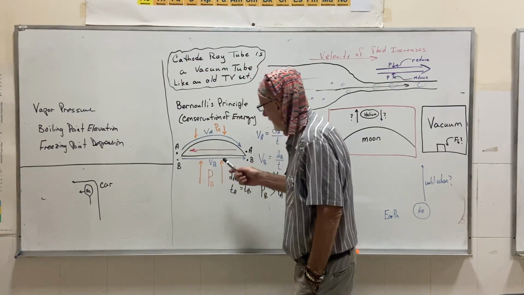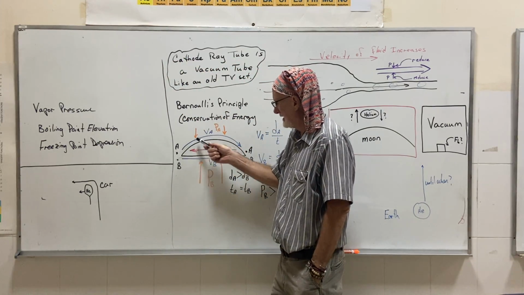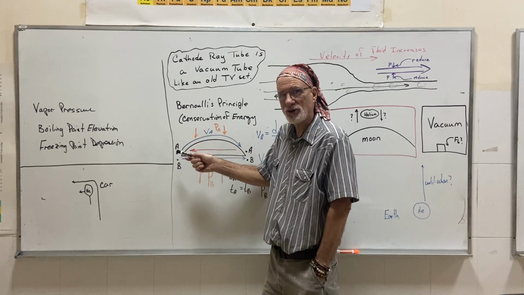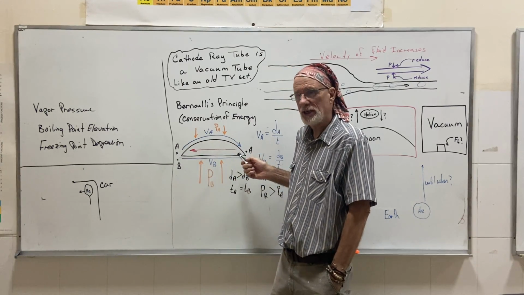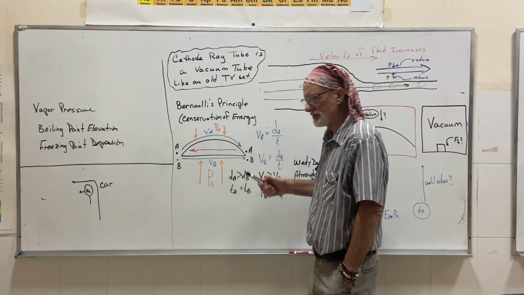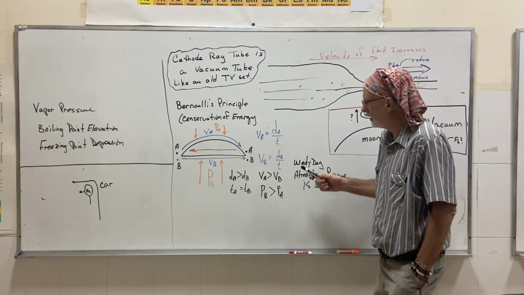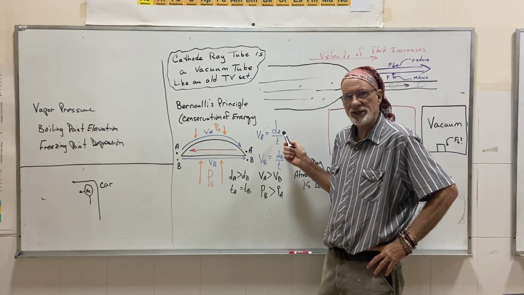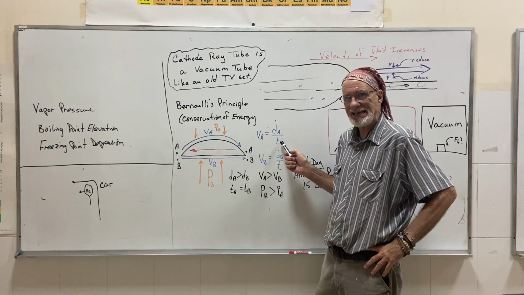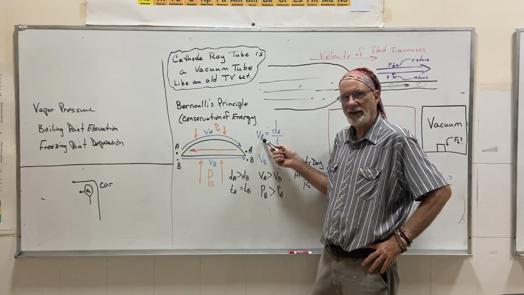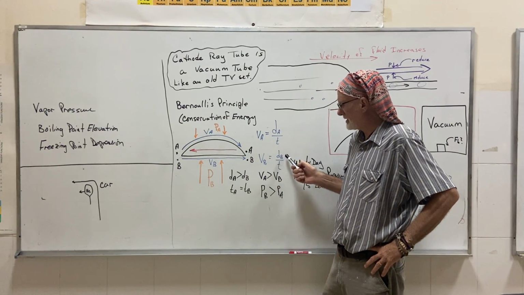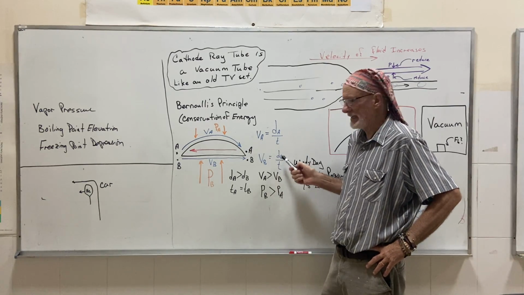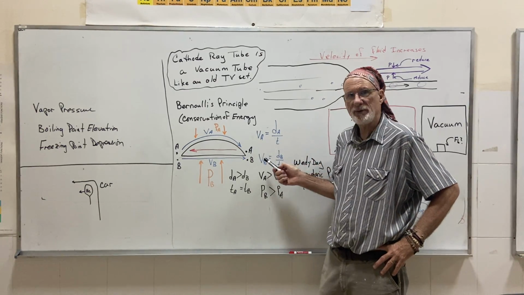Do you see the distance A travels is larger than the distance B travels? Do you see that? So, larger distance A divided by T is going to be VA. Smaller distance B divided by T, those T's are equal, is going to be VB, correct?